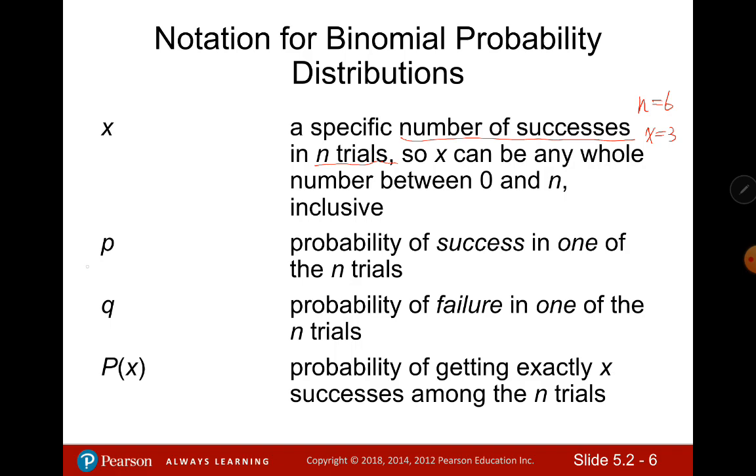So the probability, again, is the same notation: probability of success, probability of a failure. Here, P(x), for example x equal to 3, or we can directly write P(3), means the probability of getting exactly 3 successes out of these 6 trials.